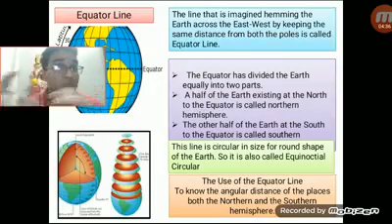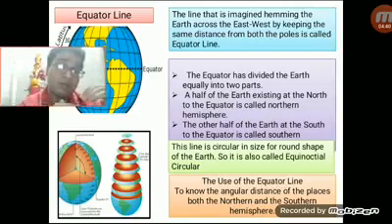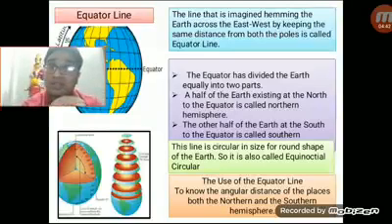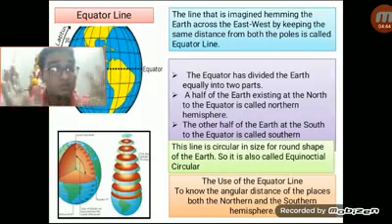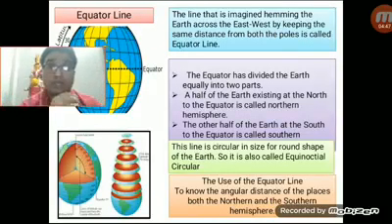So that's all about the equator line. When you write down the answers to questions regarding the equator line, you will use this information. I think you will get good marks in your examination.